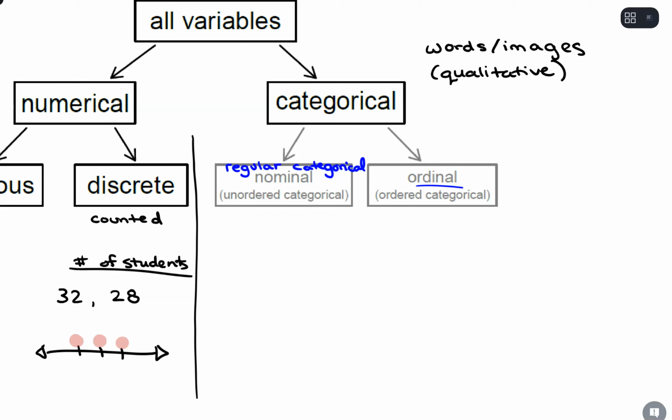So regular categorical, or nominal, is described as words or images. So this is where you could see yes, no. You could see words like cloudy, sunny. If we were collecting weather, like I talked about before, it could be pictures, so like a cloud or a sun. Those would all be considered regular categorical, words or images.